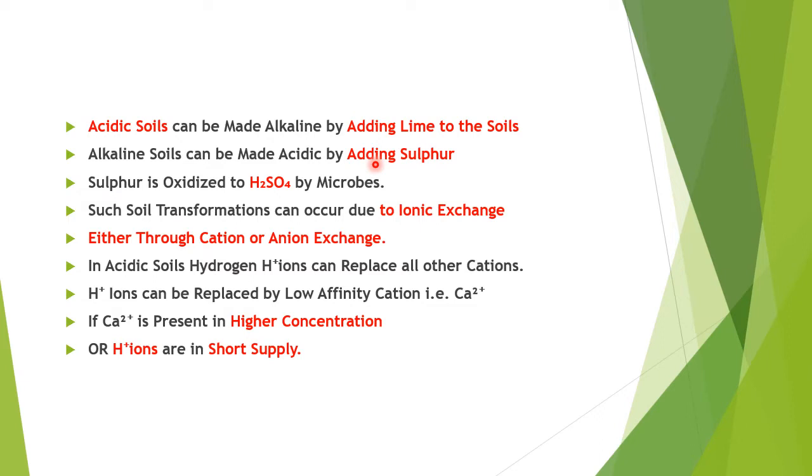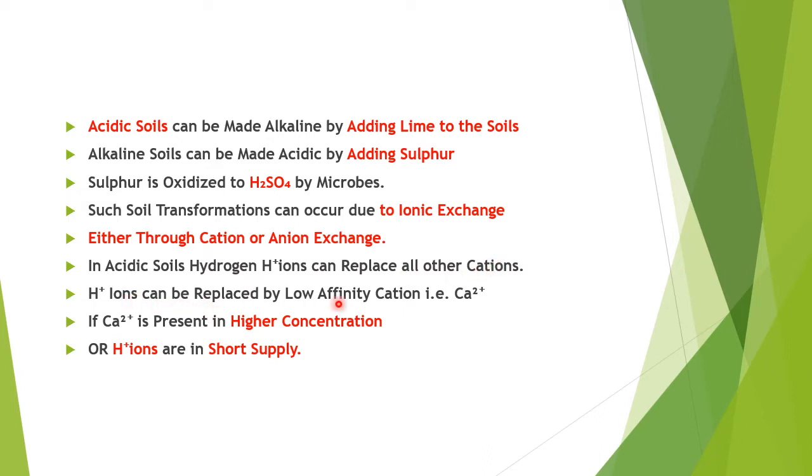When you add sulfur to the soil, it is oxidized to sulfuric acid by microbes. So soil transformation can occur due to ionic exchange, either through cation or anion exchange. In acidic soils, hydrogen ions or protons can replace all other cations.